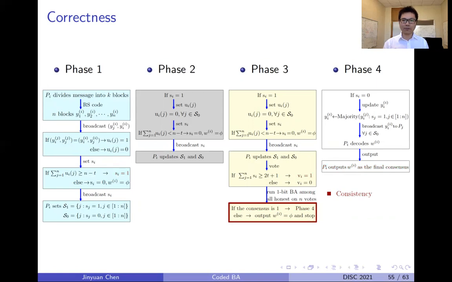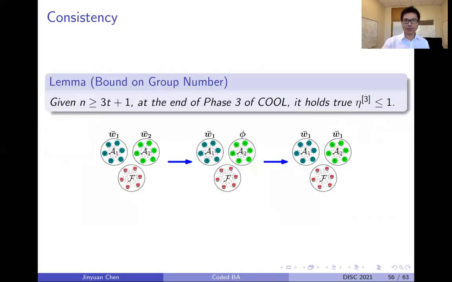One key step for proving the consistency is to prove that at the end of phase 3, at most one group of honest processors update their message as non-empty. The result is summarized in this lemma.